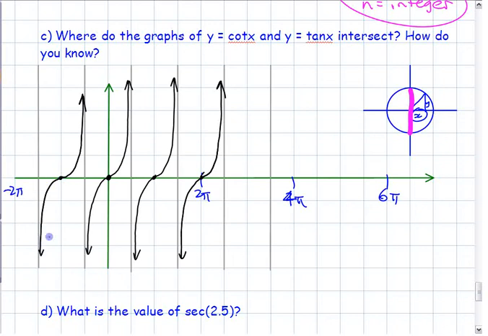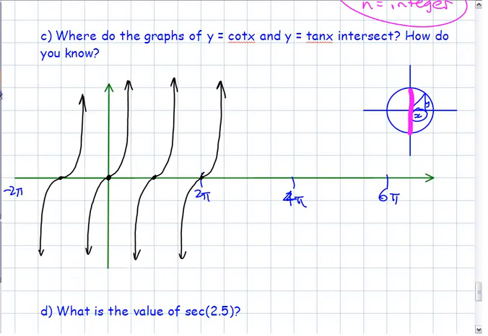If you're drawing the cotangent graph, it's the reciprocal of that. They're going to intersect where 1 happens here. Now, I haven't probably drawn this very well. But this cotangent graph is going to have asymptotes at a different spot, right? It's going to have asymptotes where this thing is 0.